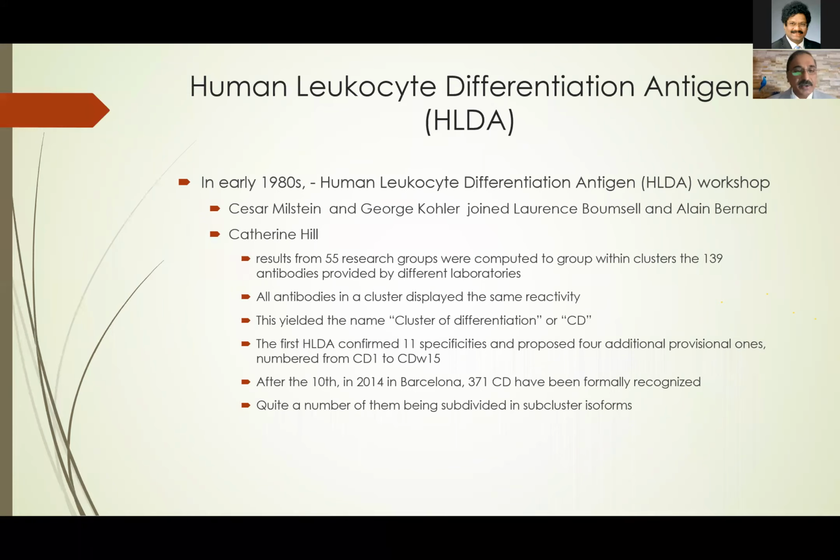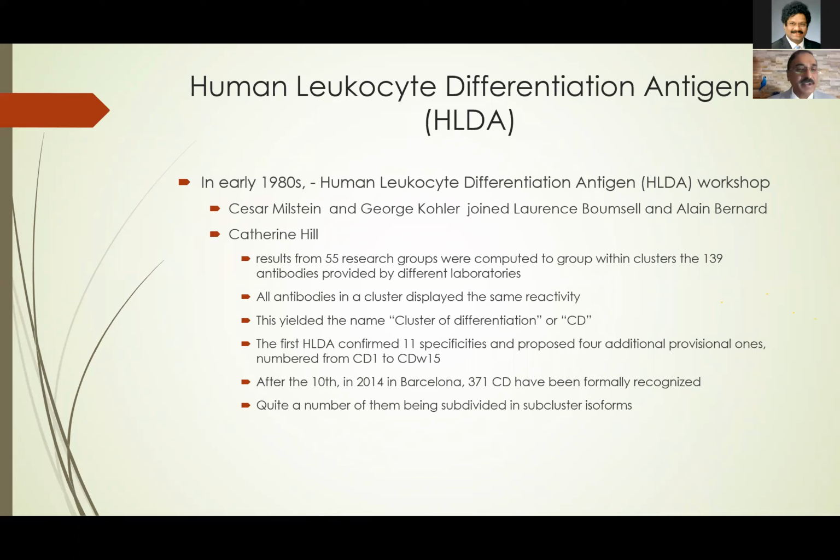When they looked into them, they found a lot of similarities in some of the groups. So they made 11 groups and called them clusters of differentiation. Each group is a cluster, and to differentiate them from each other, they gave them numbers. That's where the CD name came in.